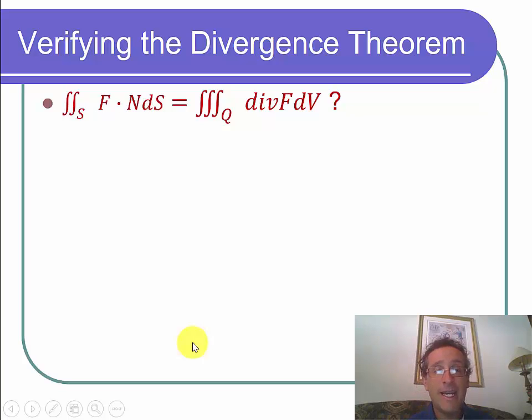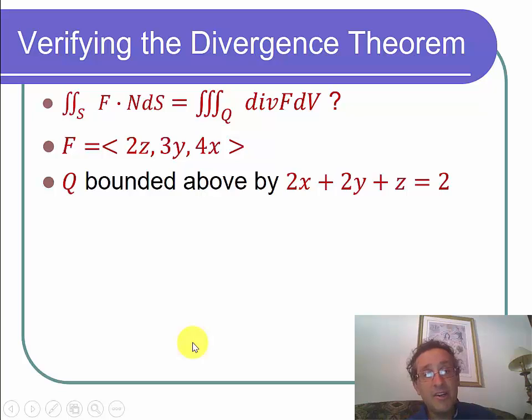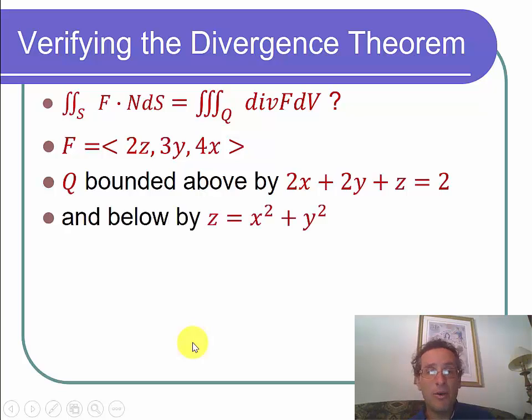So we want to verify that the flux integral, the surface integral over S of f dot n dS, is equal to the triple integral over Q of the divergence of f dV, where f is the vector field 2z, 3y, 4x, and Q is bounded above by the plane 2x plus 2y plus z equals 2, and below by the paraboloid z equals x squared plus y squared.